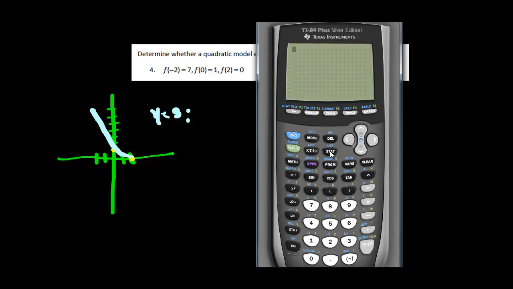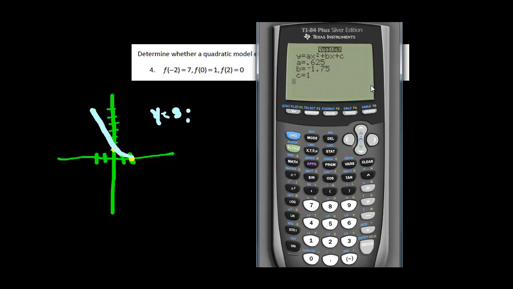Now we're going to make the calculator do all the work. So we go to Stat, go over to Calculate. We want a quadratic for this, so we click 5, and then you just scroll down to Calculate, hit Enter, and you've got your answers right over here. Remember, when you're writing this in, well, I guess this is fine. You don't have to convert these to fractions.